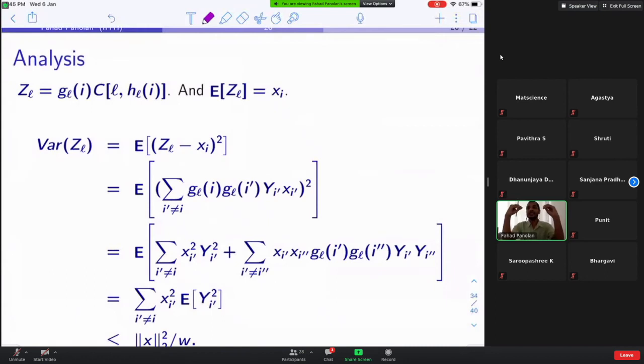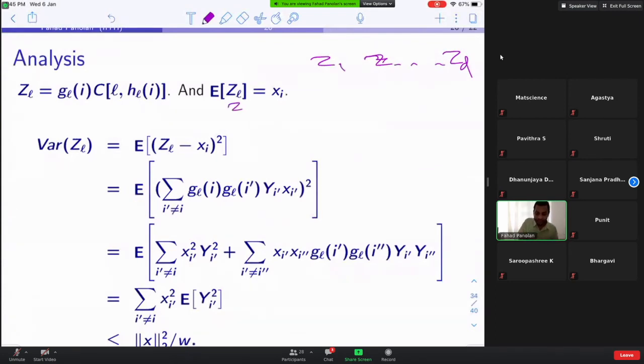So we have D estimates, Z1, Z2, etc. up to ZD, and we are going to take the median among these numbers as an estimate for Xi. To apply Chebyshev, I need to compute the variance.